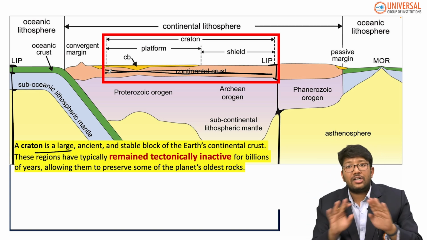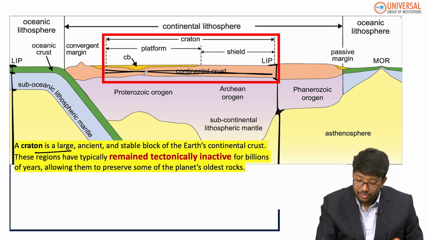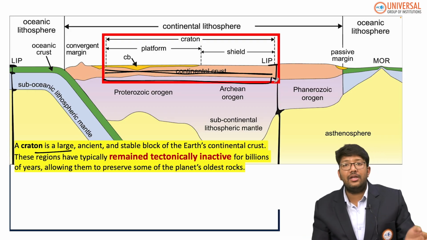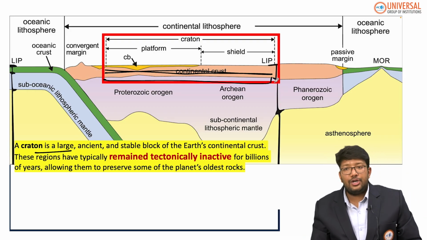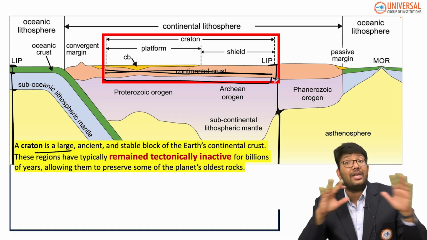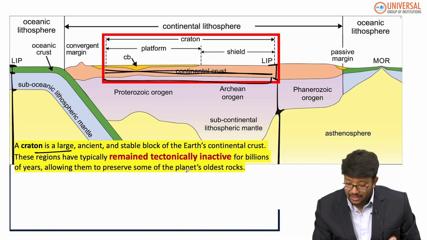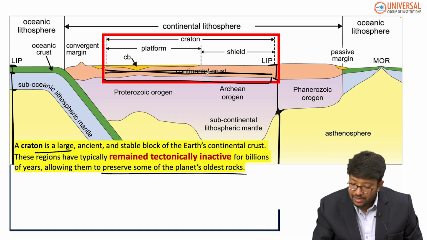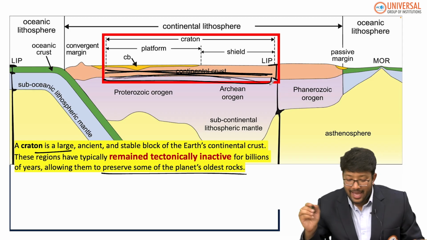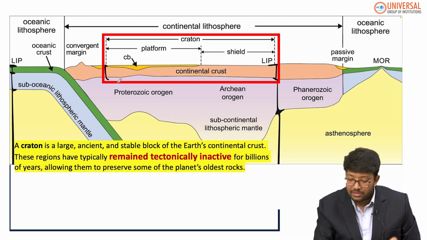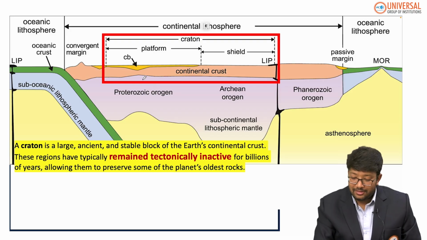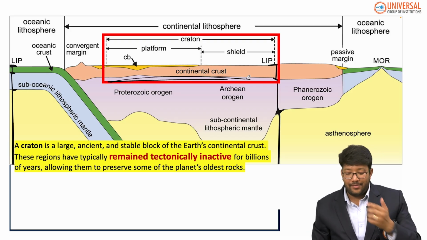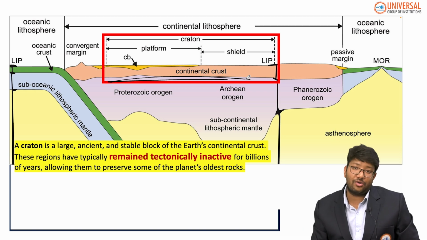So it is tectonically inactive; neither is it doing subduction, nor going through any divergence. Remember? Okay. If nothing is happening and no recycling is happening, don't you think this craton area will have some of the oldest rocks? Will you agree with me or not? Yes, definitely. So this craton has some of the oldest rocks in the world.